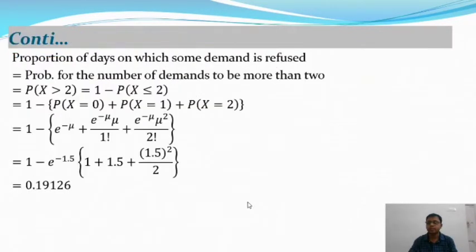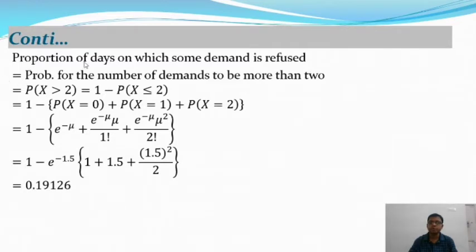And after that we are going to solve the second part of the problem, the proportion of the days on which some demand is refused. This is equal to the probability for the number of demands to be more than 2, since the car hire company has 2 cars in a day and after that they refuse the demand.